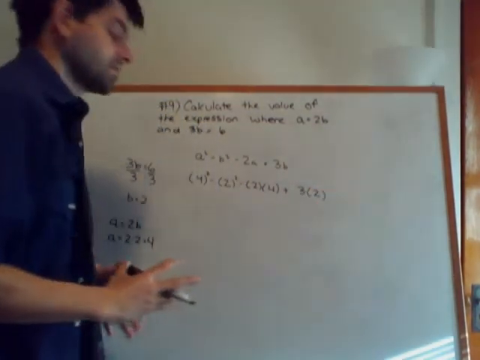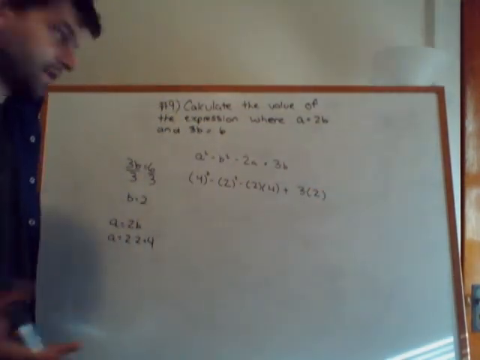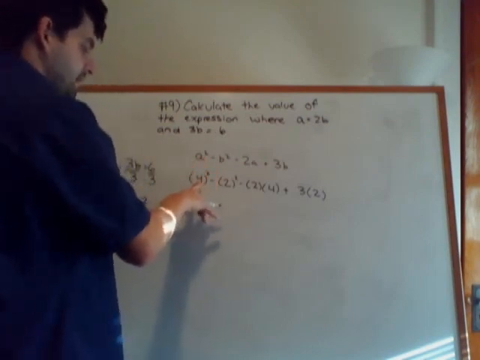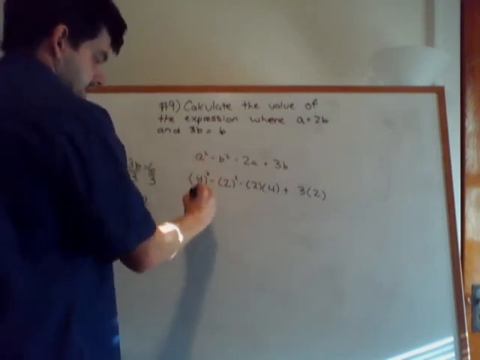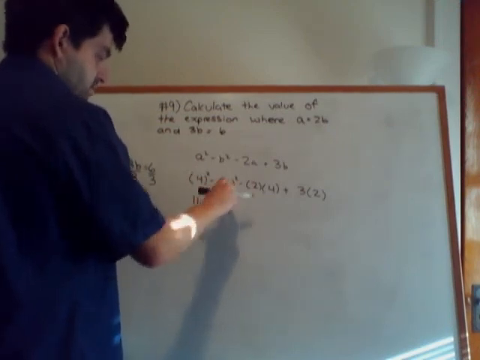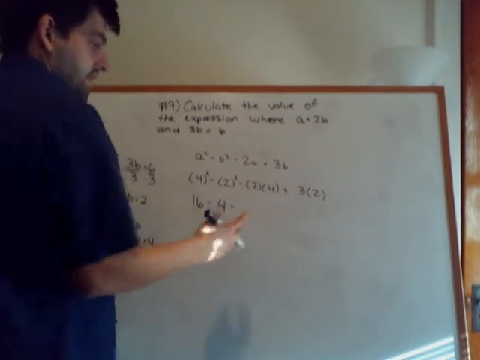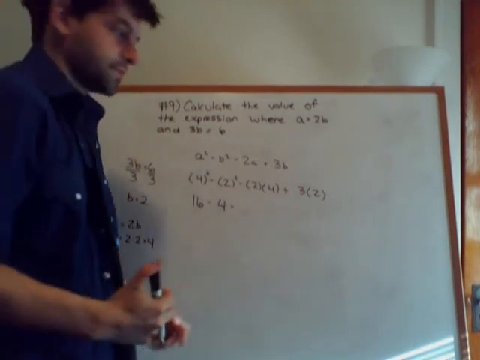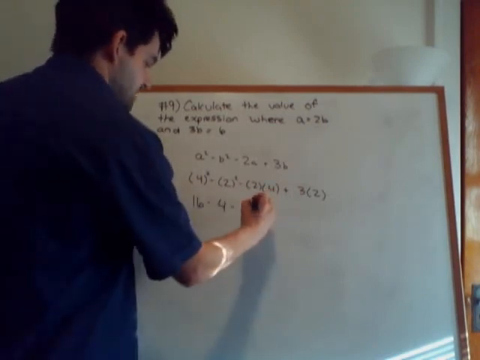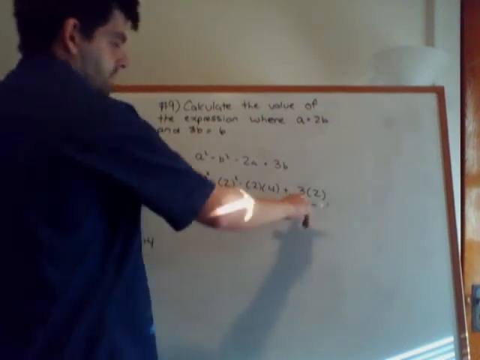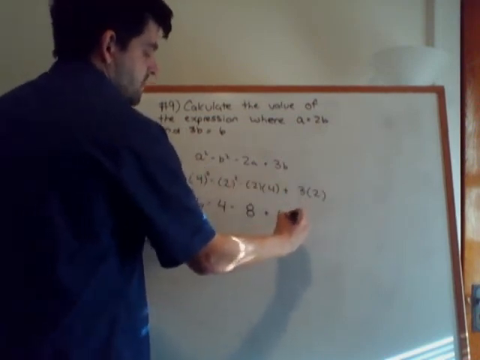Now remember, we want to do our standard order of operations here. Starting with our exponents, we have 4 squared is 16, minus 2 squared, which is 4, minus, now we can do the multiplication, 2 times 4 is 8, plus 3 times 2 is 6.